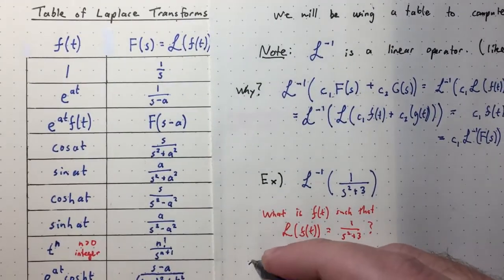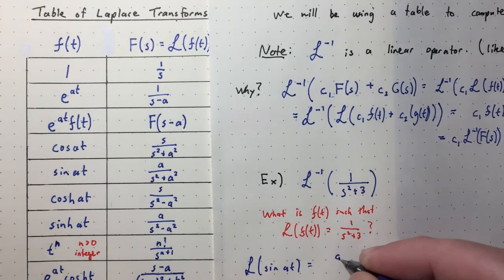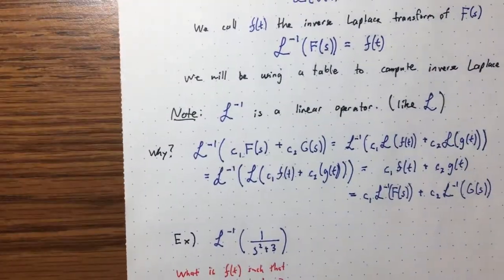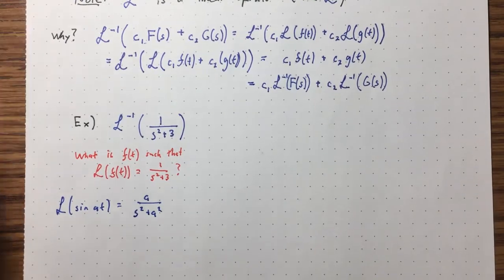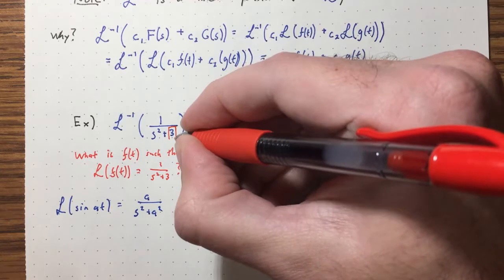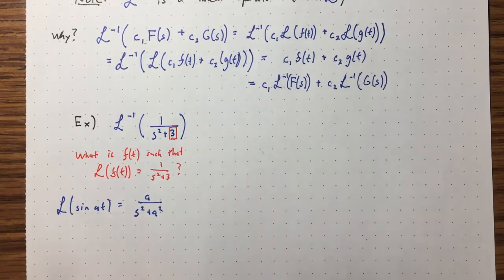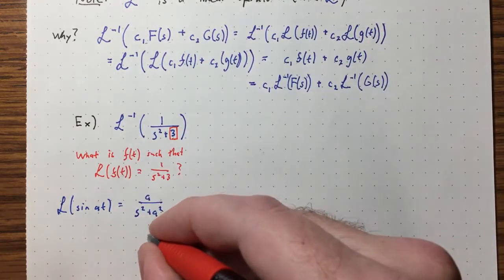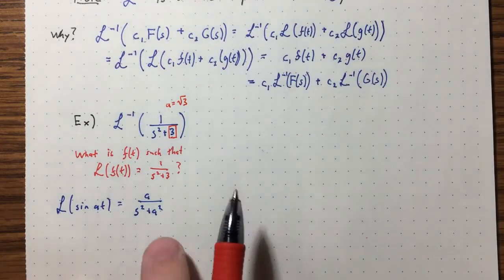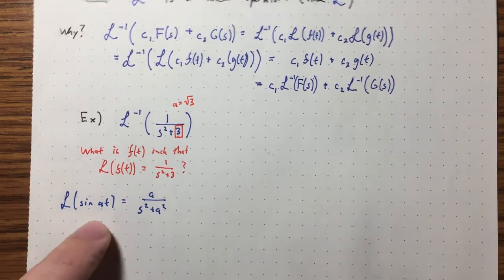So the Laplace transform of sine at is a over s squared plus a squared. And we'll go back here. Okay, can I just use this formula? Well, what would my a be? That 3, I want to interpret as a squared. Okay, so my a is square root of 3. The only problem is I need that a to be in the numerator as well, or I can't use this formula.